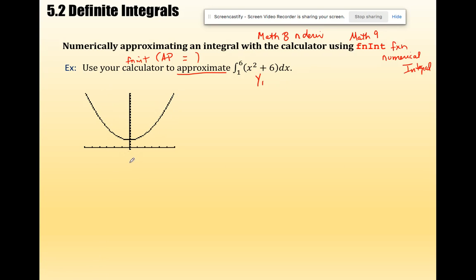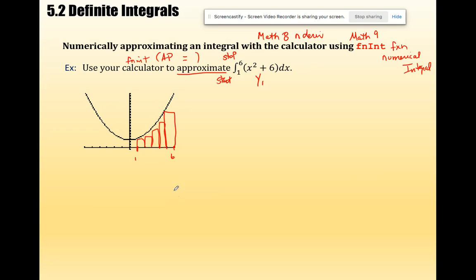So here's my function. I'm going to go from 1, 2, 3, 4, 5, 6. I'm going to start at 1 and stop at 6, and I'm going to draw rectangles under here. But I'm going to have the calculator draw a lot more rectangles, and I don't care whether it's the left, the middle, or the right.